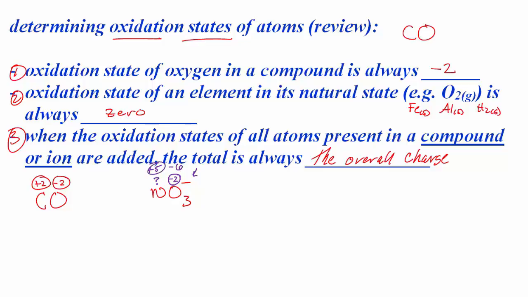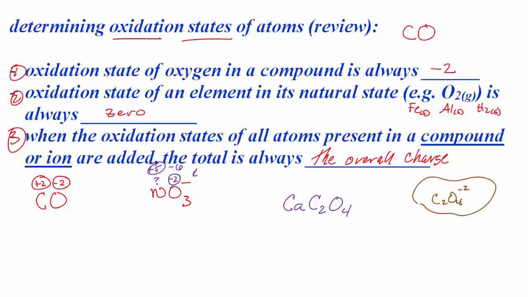Let's do one last little test. Let's try this: calcium oxalate. See if you can figure out what the oxidation state is of everything in there. There are a couple ways to do this. One is to know that this is oxalate, so you could figure out the oxidation states of carbon and oxygen using this formula.